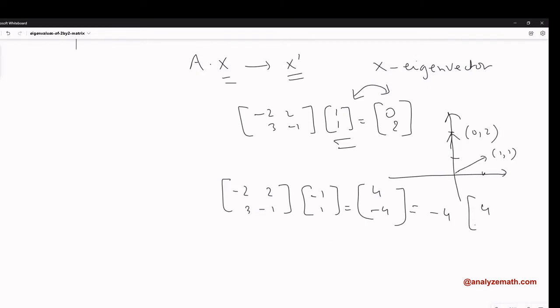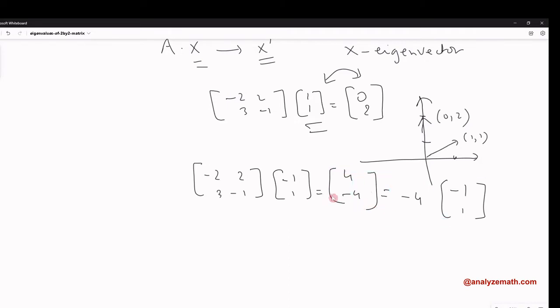We can write the result as -4 times (-1, 1). Let's check: -4 by -1 gives plus 4, and -4 by 1 gives minus 4. So the result is -4 multiplied by my original vector, and these two vectors are parallel.